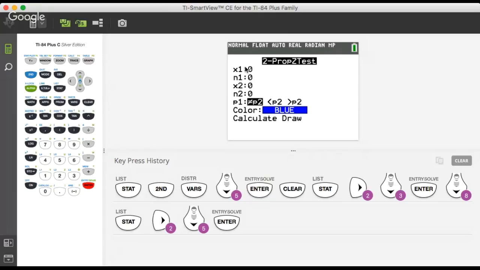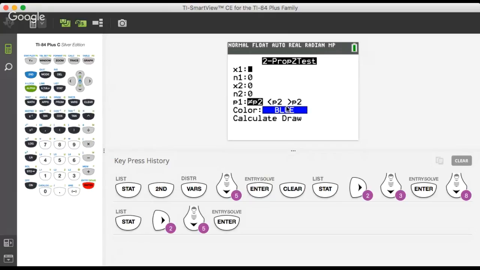They do the proportion for you, but don't put the proportion in, just put in the amount of successes, how many things were successful in the sample size. So 500 in for n1 and 450 in for x1, and go from there. And then we have sample 2, sample size 2, and then just do the same thing.